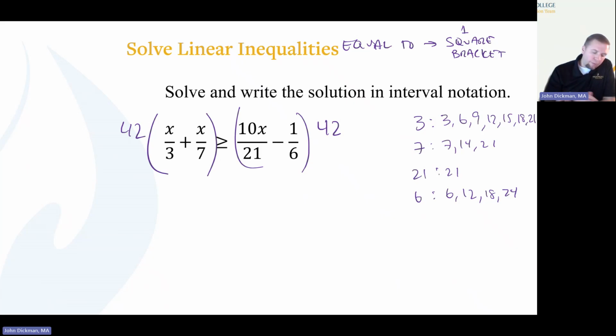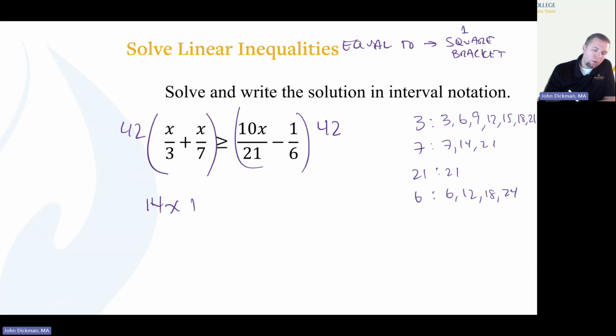But if I multiply through by 42 here, 42 divided by 3 is 14. So this is going to give me 14x, and then 42 divided by 7 is 6, plus 6x. This is greater than or equal to 42 divided by 21 is 2 times 10 is 20x.